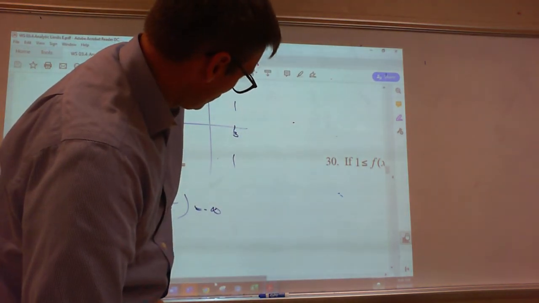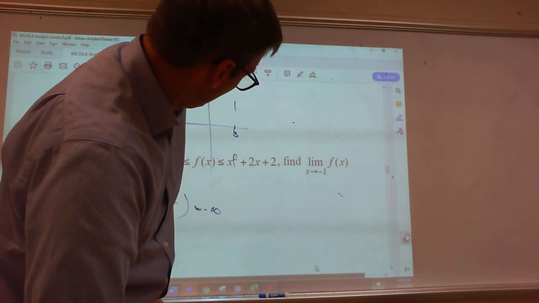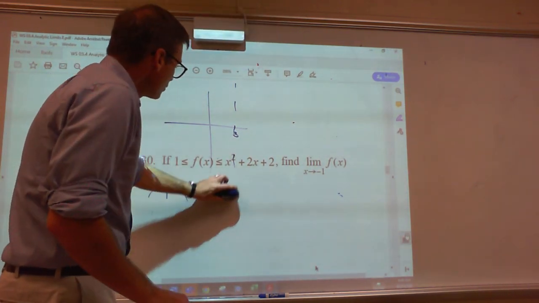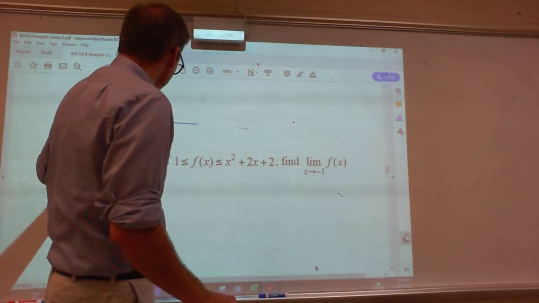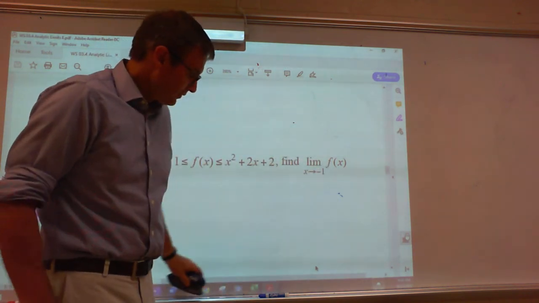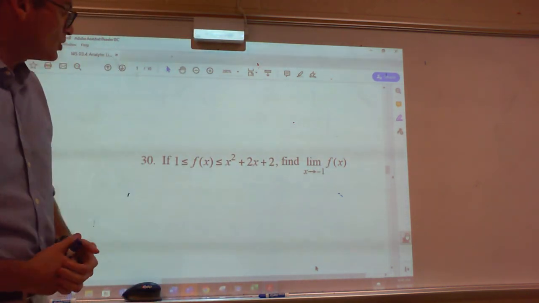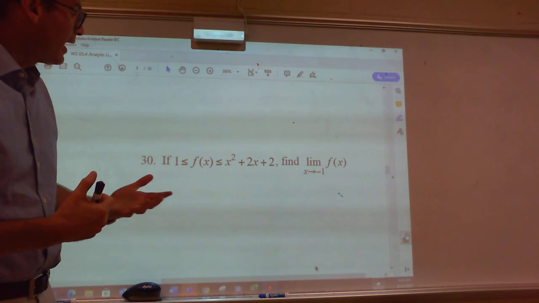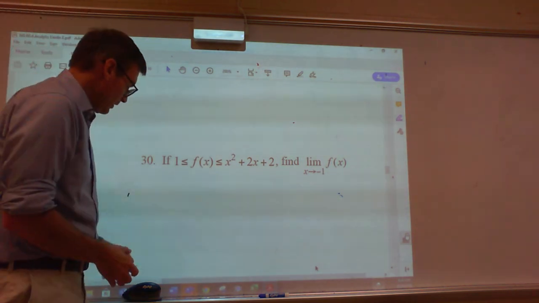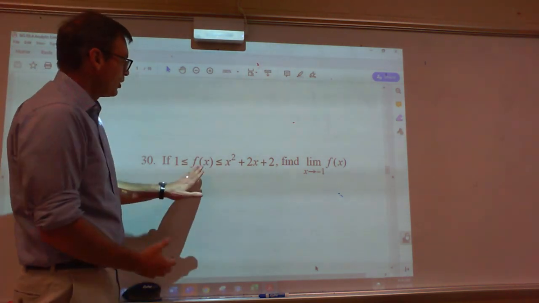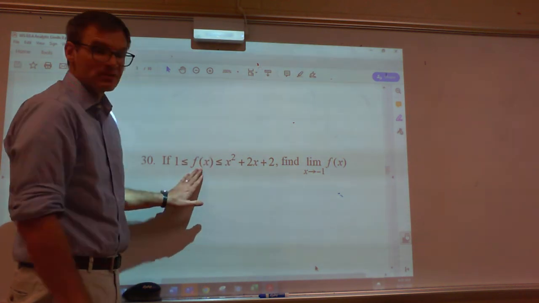So back to 30. How 30 works is it's really just a squeeze theorem problem. How do I know it's a squeeze theorem problem? Because you've got a function in between these two things.